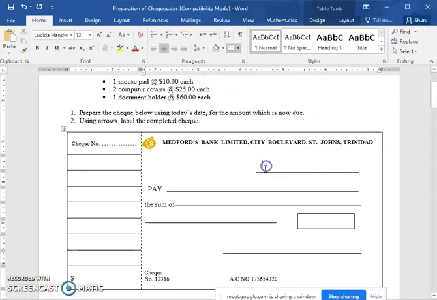Okay, so let's discuss the answer. What information goes in this spot here, Mia? The date, and they said to use today's date. So it is October 22nd, 2020. Okay? So the date goes there. Good. Who are we paying, Naomi? Who is the person we are paying this check to?